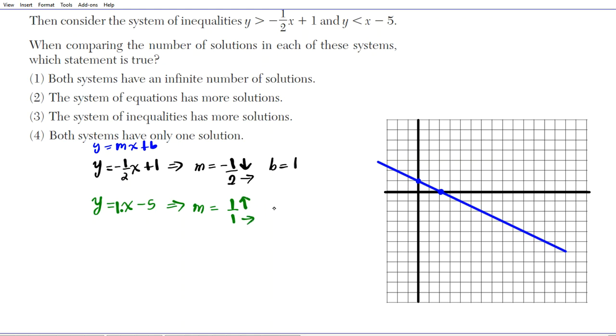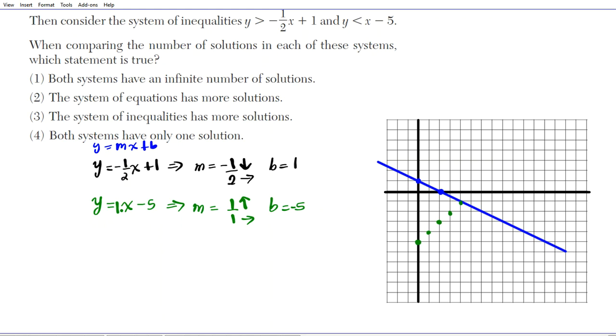Where do we start from? We start from the y-intercept b, which is negative 5. So 1, 2, 3, 4, 5. We're going to rise 1 and run 1. Let me put in more points. Rise 1, run 1. Bam.